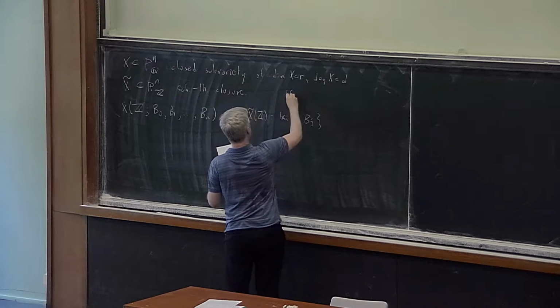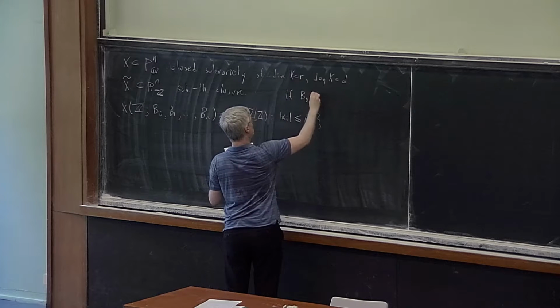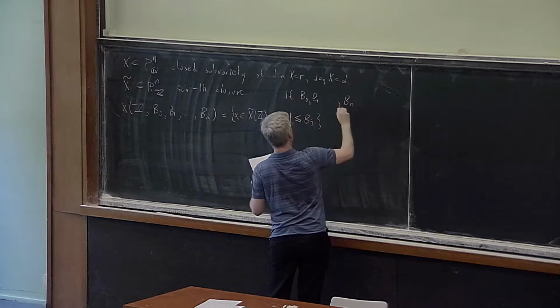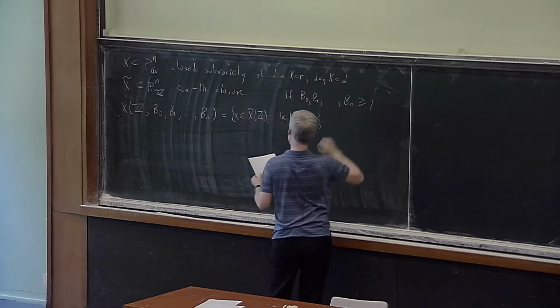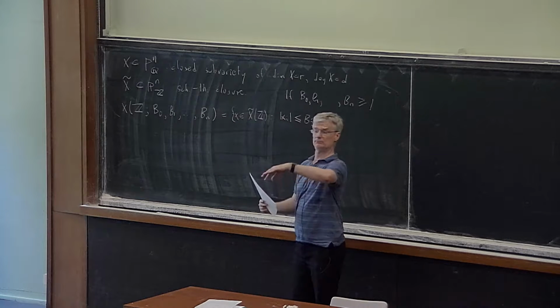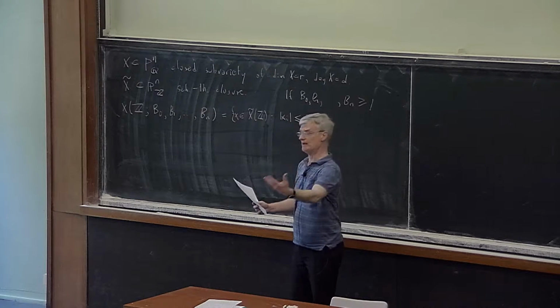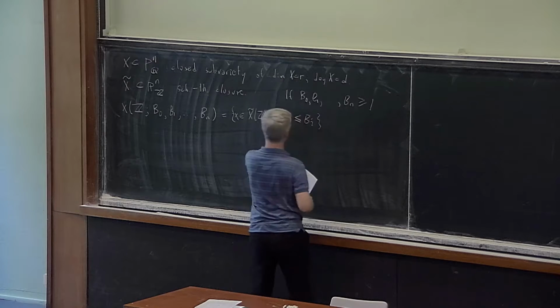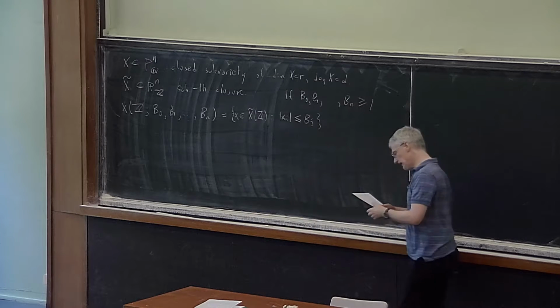So if, say, b0, b1, ..., bn are at least 1, these are represented by integral primitive n plus 1 tuples up to sign. So this condition has a meaning.